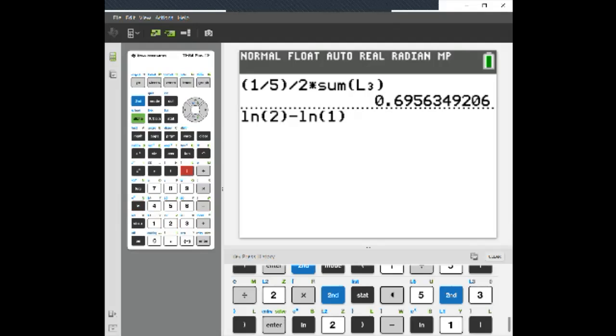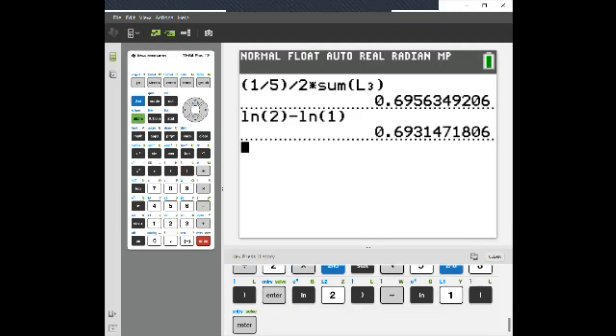So I actually wouldn't have even needed to put that in, but so here is the actual integral, and here's our approximation using the trapezoidal rule. Again, round to 3 decimal places unless you're told otherwise. So 0.696 for our approximation with the trapezoidal rule.